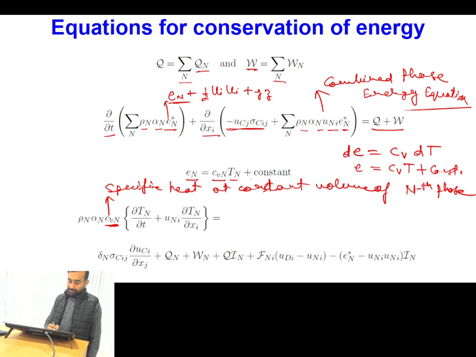So this will be coming outside, and inside it can become del Tn by del T. Please note, I am not writing now the combined phase equation. I am writing the individual phase energy equation. So I am doing substitution in the equation which is shown in the previous slide. If I do substitution, it will become del by del T of Tn plus Uni into del by del Xi of Tn.